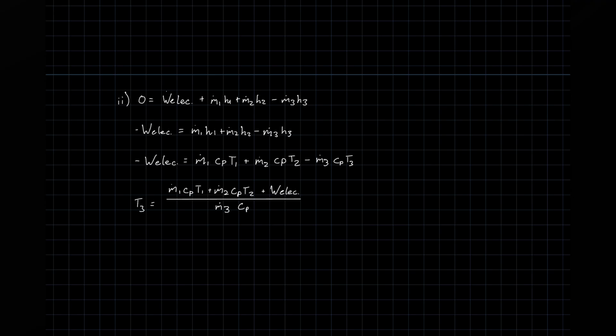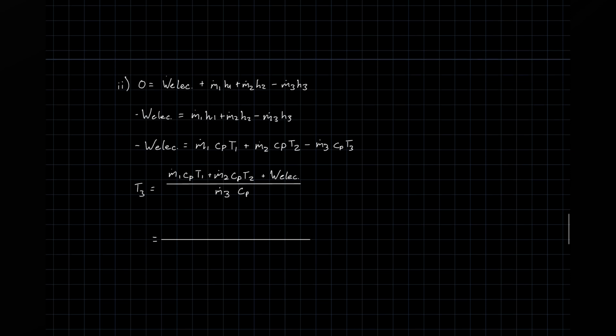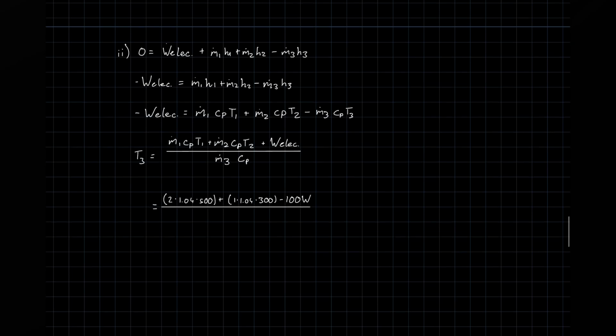So yeah, now it's just a case of plugging in the numbers. So let's go ahead and do that. I'm going to add brackets here for clarity. So 2 times 1.04 times 500, that's our first flow basically. Then we have 1 times 1.04 times 300, that's our second flow. Then our work is minus 100 watts because we are losing it.